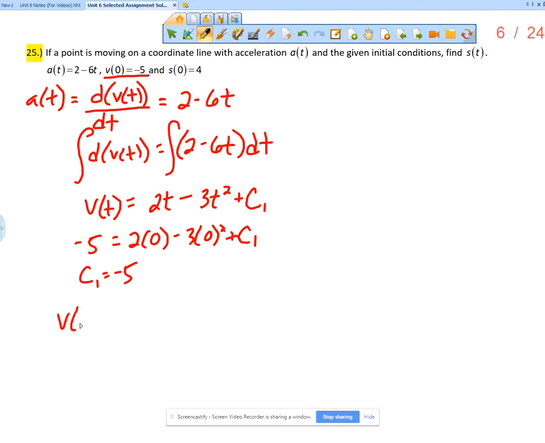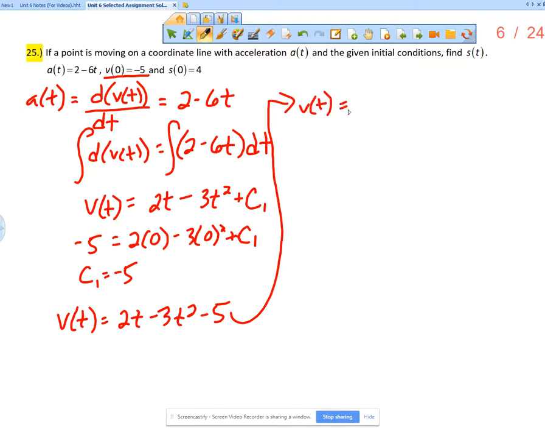That means v of t is 2t minus 3t squared minus 5. Next step is to recognize that v of t is the derivative of s of t with respect to t, so ds of t dt is 2t minus 3t squared minus 5.